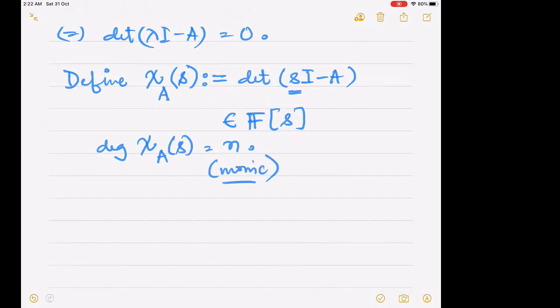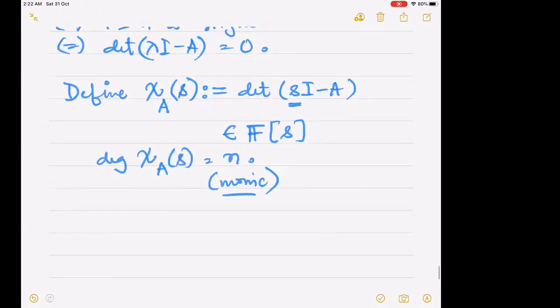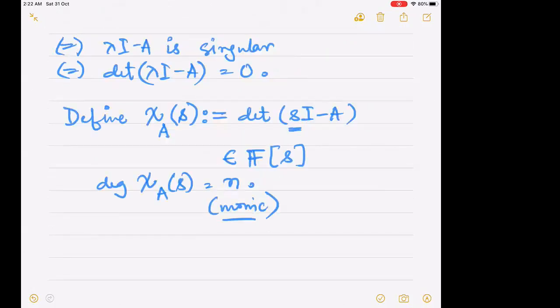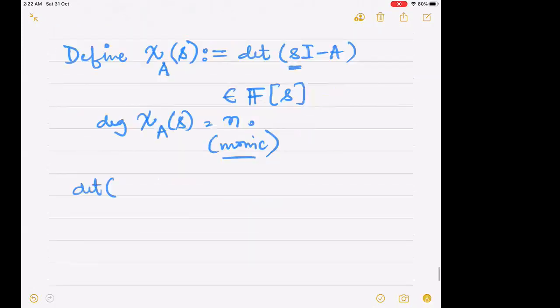So in order to get this, from this definition, it follows that determinant of lambda I minus A equals 0 if and only if lambda is a root of this polynomial.